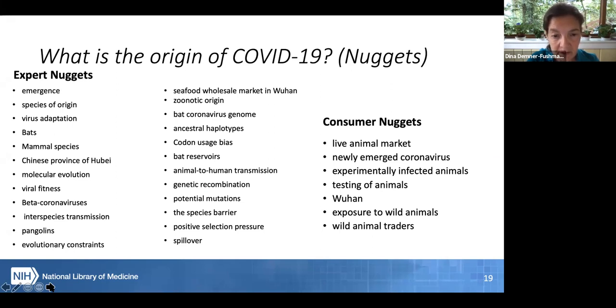And these are very detailed, sort of biological details, whereas on the consumer level, they are more general and give a bigger picture of what is happening.